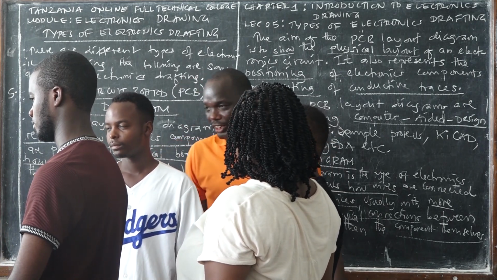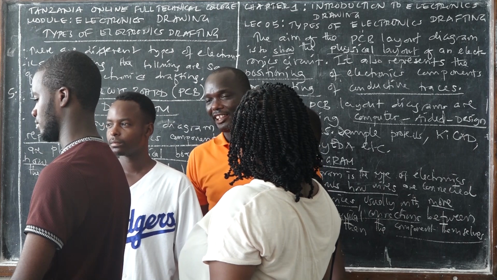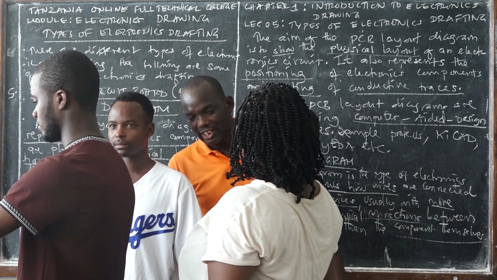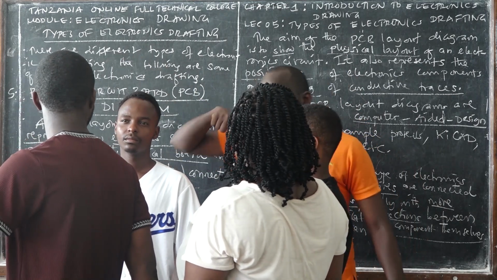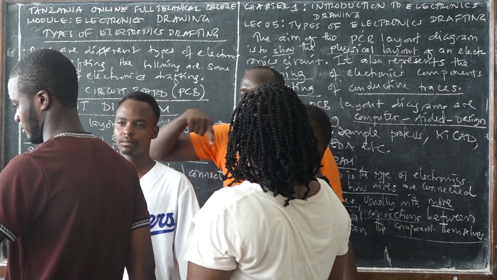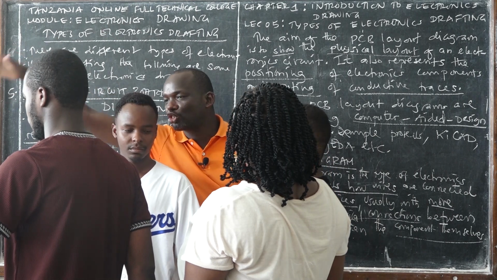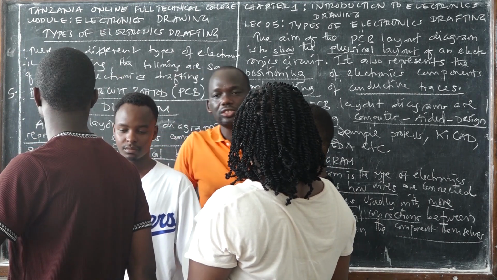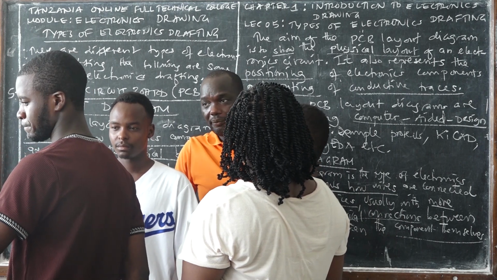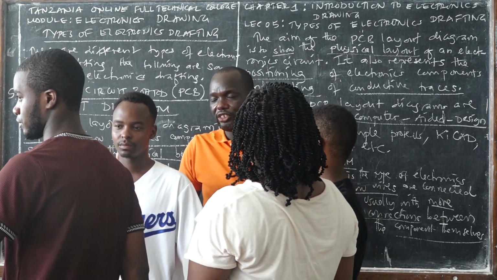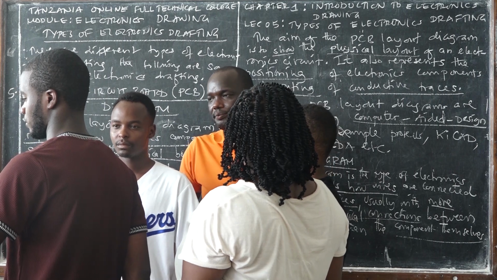Then again, interconnecting, that's another trace, or we call them routes. So in this case, we can have a complete circulation of electric current. These are the electronics components, and these are the routes or traces. So that's the meaning of PCB layout.